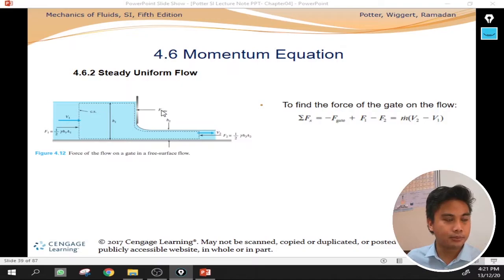So the force pointing to the left is negative, plus F1, the force going to the right, positive, minus F2, the force to the left, equal to m(V2 minus V1), because we have two points, point number 1 and point number 2.